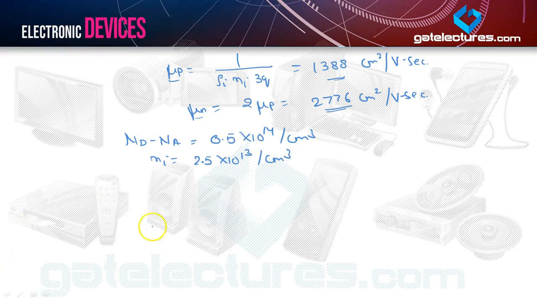Okay, now since Nd minus Na is not greater than 10 times Ni, because 10 times Ni is 2.5 into 10 to the power 14 per centimeter cube, and Ni is comparable to Nd minus Na, we have to use the equation that we derived.